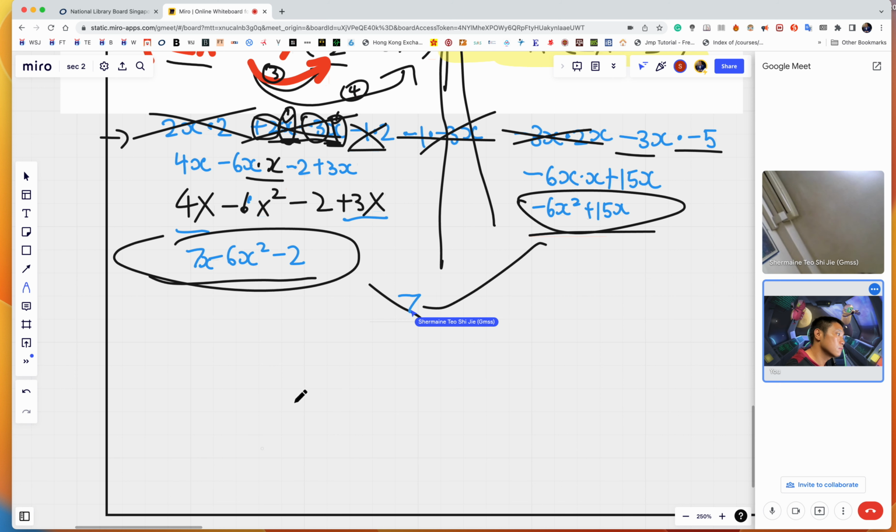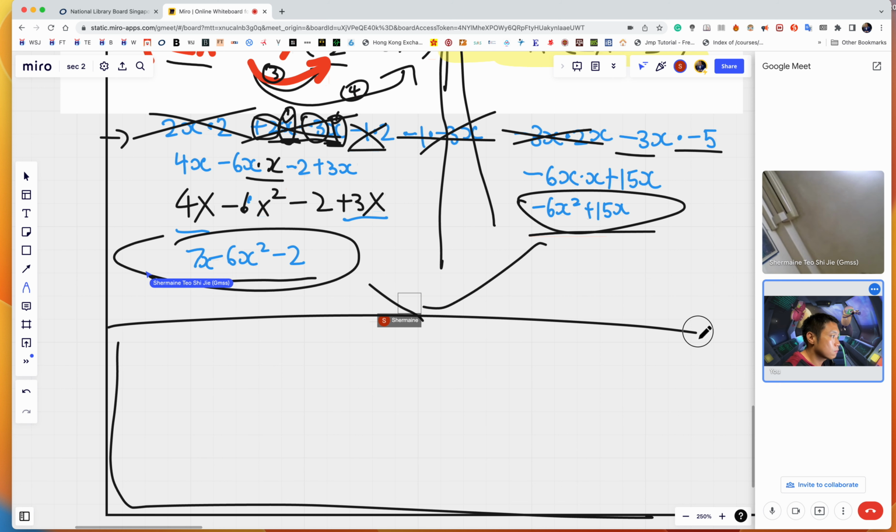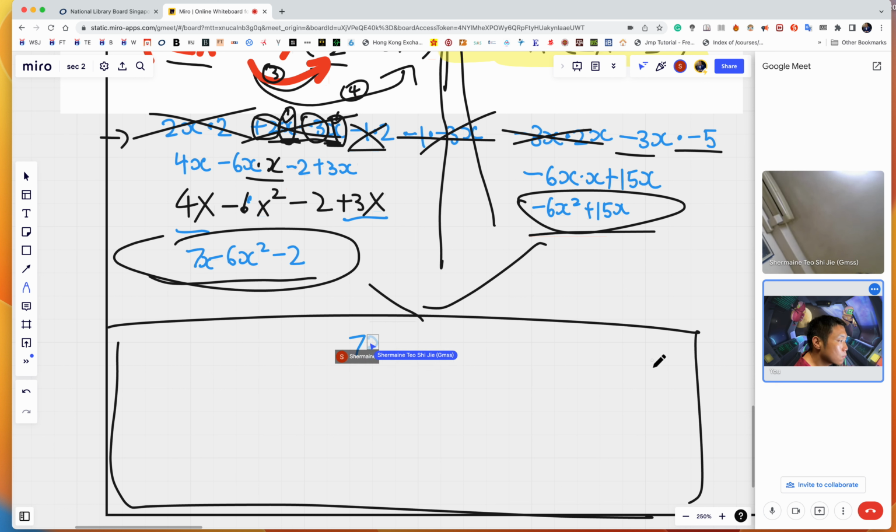What do you get? Here. Underline similar term. Correct. Continue. Use calculator, you don't use your brain.